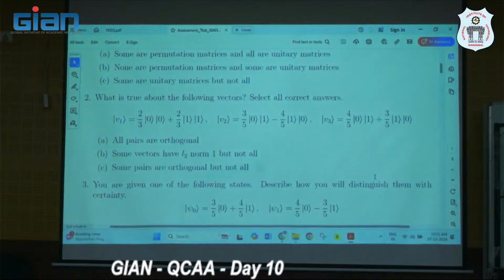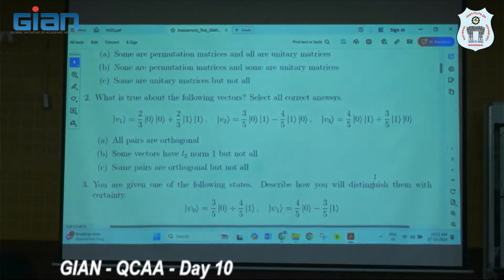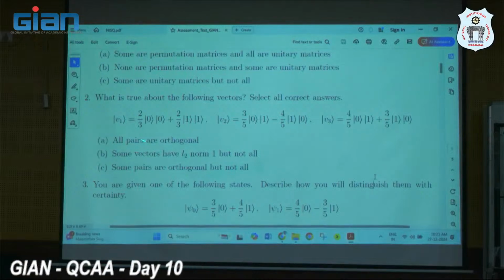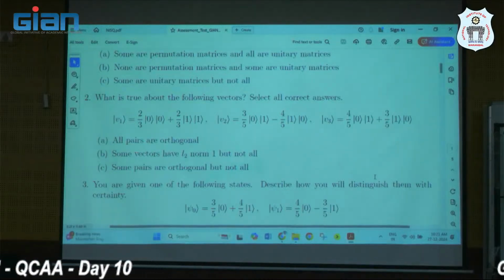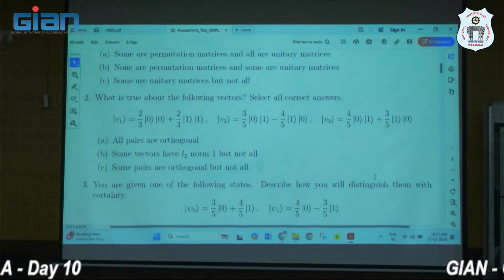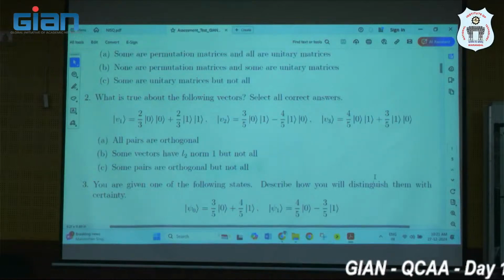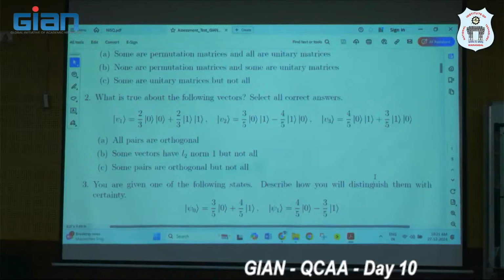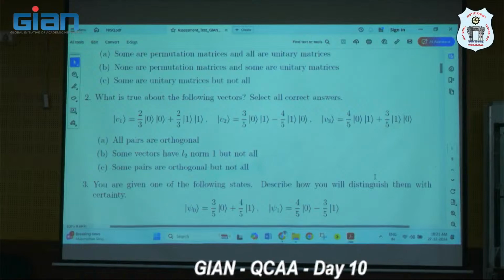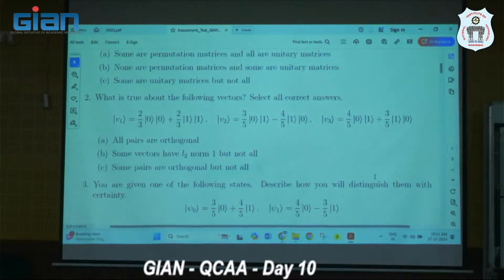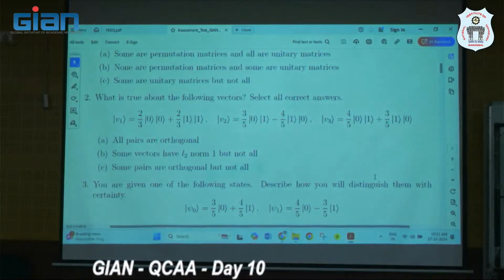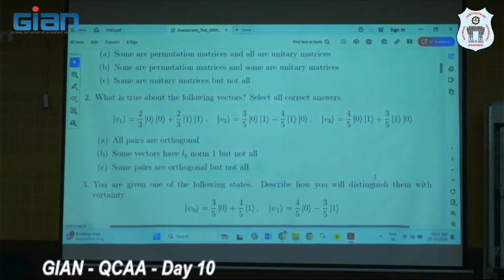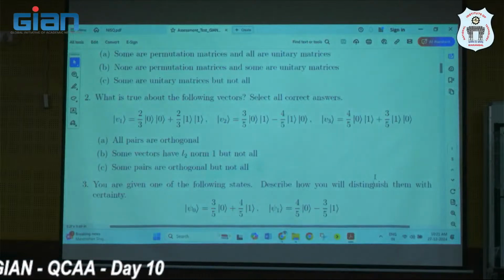V1, V2 is not orthogonal? V1, V3 is not orthogonal? Everybody is saying different. Which one is not orthogonal? V1, V2 is not orthogonal.